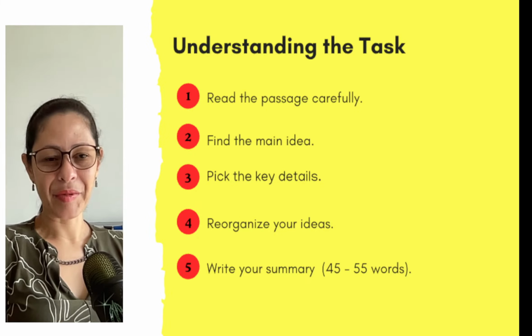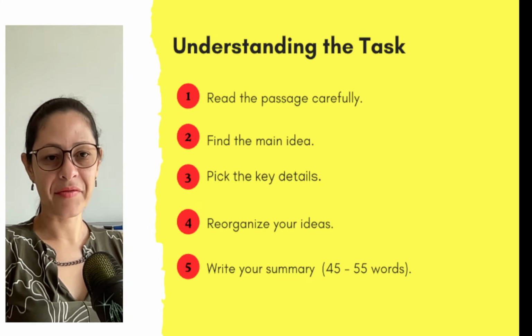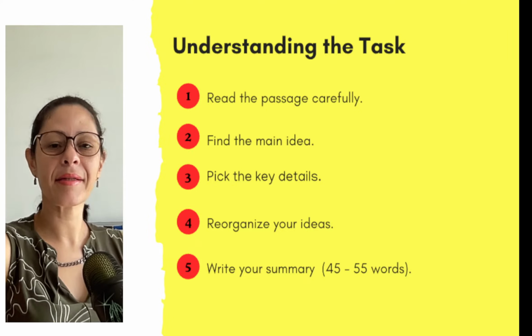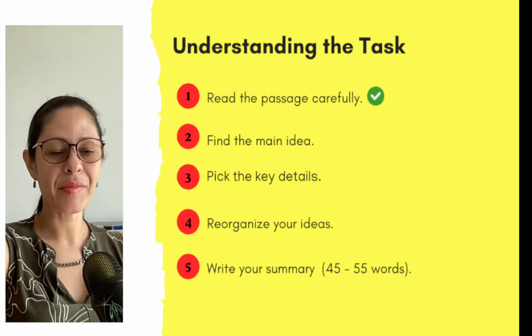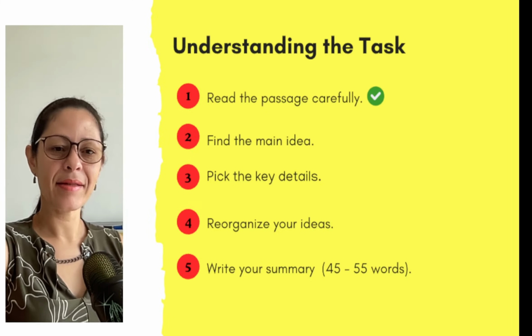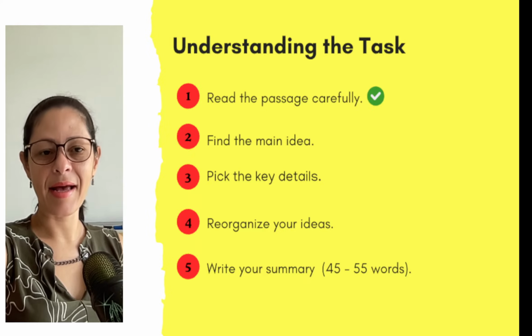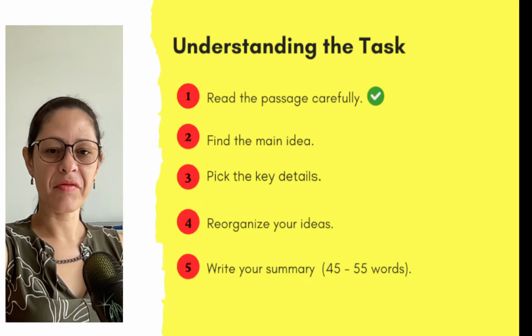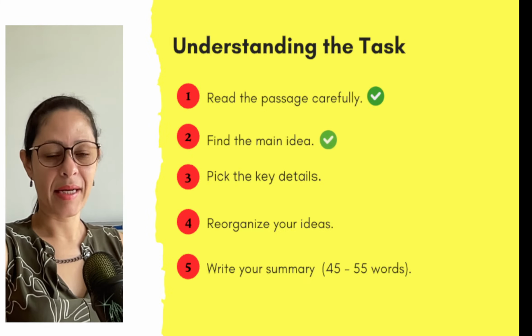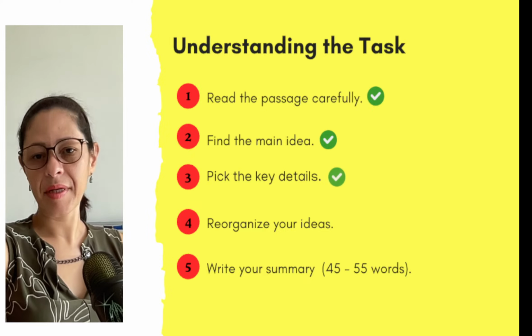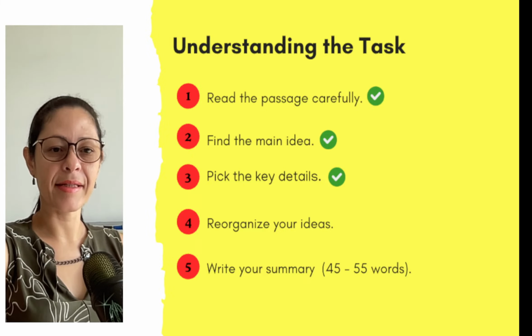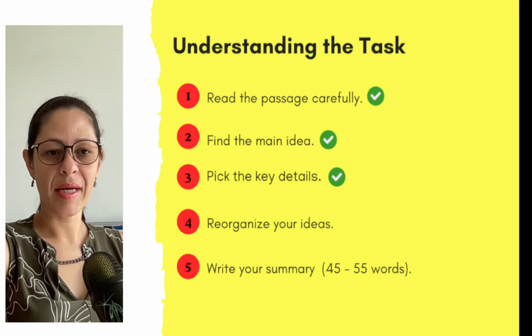Let's get started. Okay, today the first thing we have to do is understand the passage carefully. So before you start writing, take about 3 minutes, 3.5 minutes to read it carefully. Find the main idea and the key details, the supporting ideas. So how do we find the main idea?